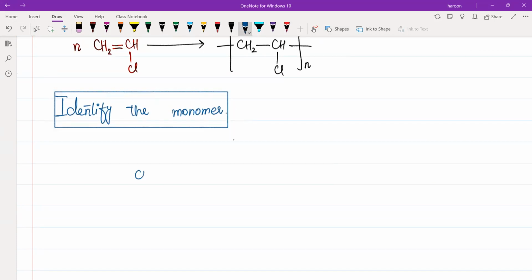So if I have this structure, okay, suppose I have this polymer. Can you tell me what is the monomer here?